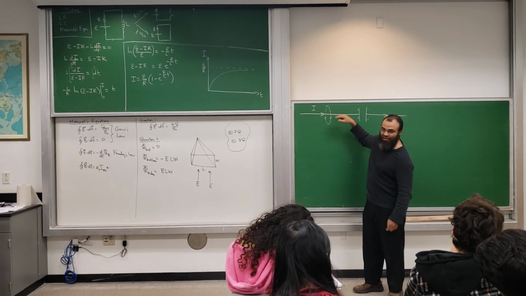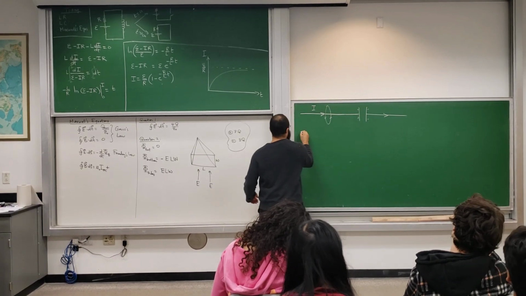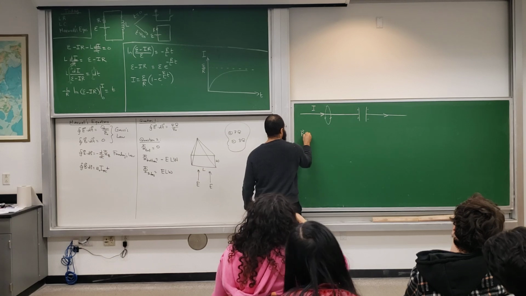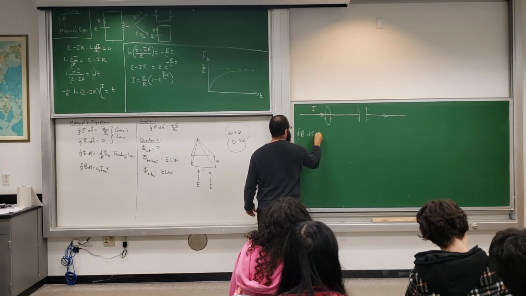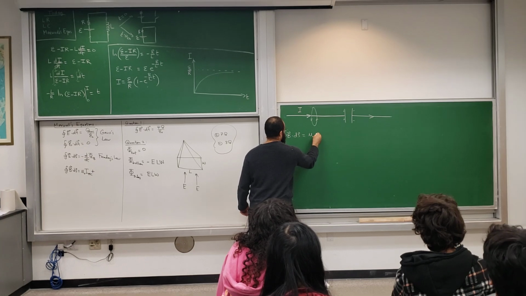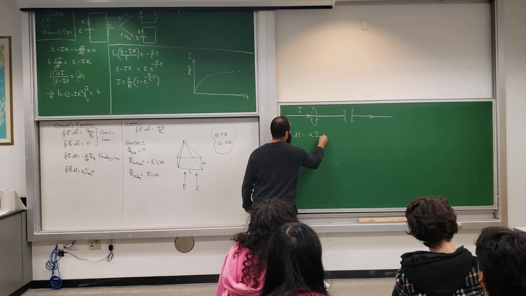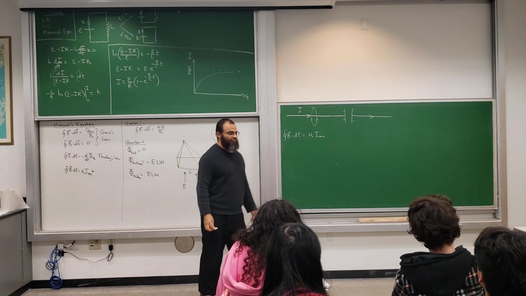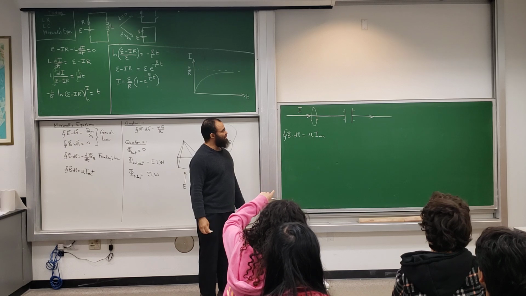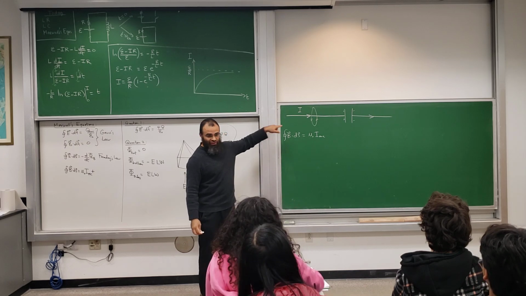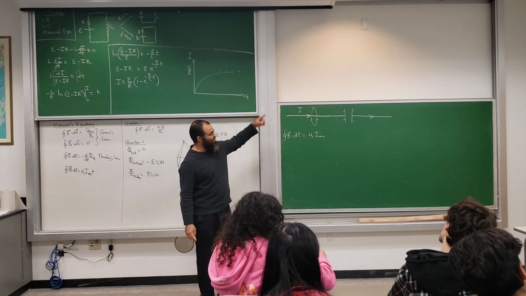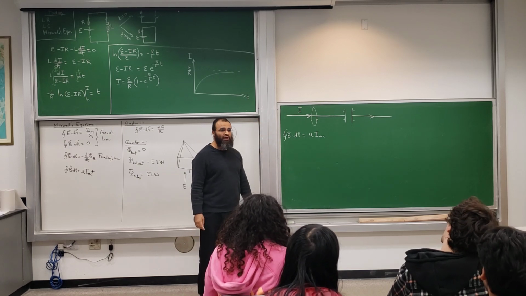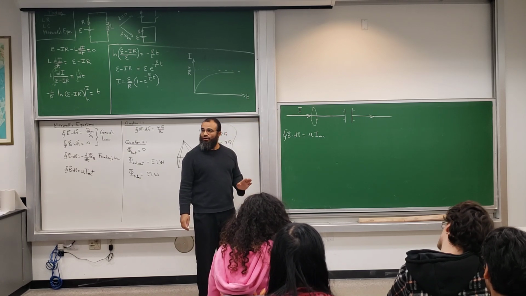So B dot ds, let me apply Ampere's law. I get this: the closed integral of B dot ds is equal to mu naught times I enclosed, right? It's out of the board at the top, into the board at the bottom.